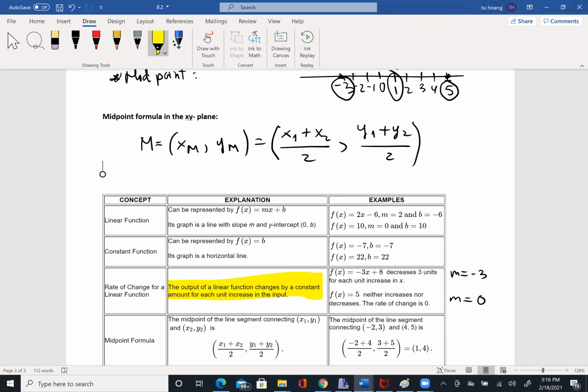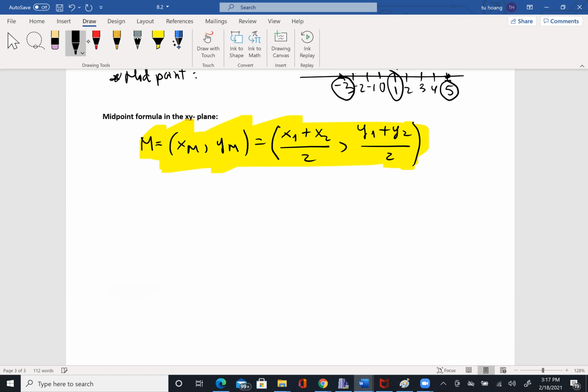Let me use this for you guys to easily see it later. That is the formula for you to use to find the midpoint. Let me draw here the xy plane.